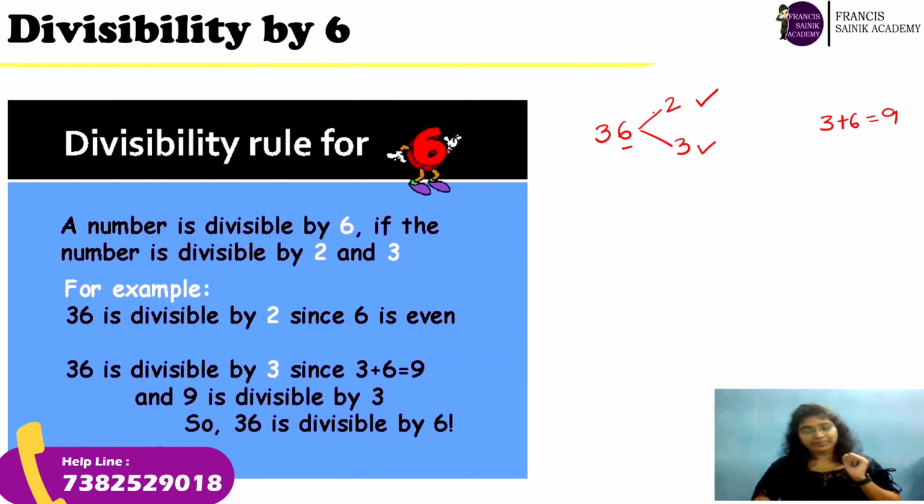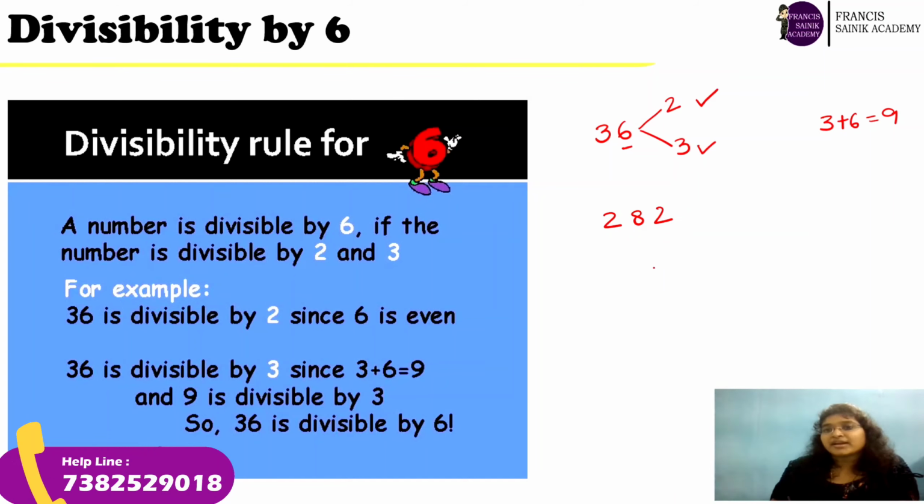Let us see one more example now. 282. Look here. The last digit is 2. It is an even number. So, it is divisible by 2. Now, let us add the digits. 2 plus 8 plus 2. 8 plus 2 is 10, plus 2 is 12.